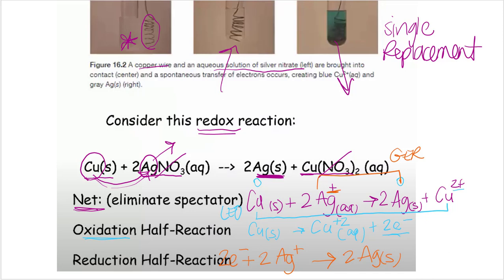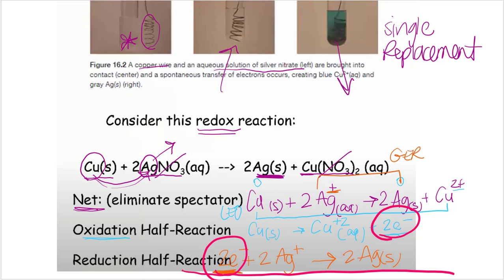Again, I gained electrons, therefore they're in the reactants. We can also look at this and know that because I lost 2 electrons in my oxidation, I needed to gain 2 electrons in my reduction.